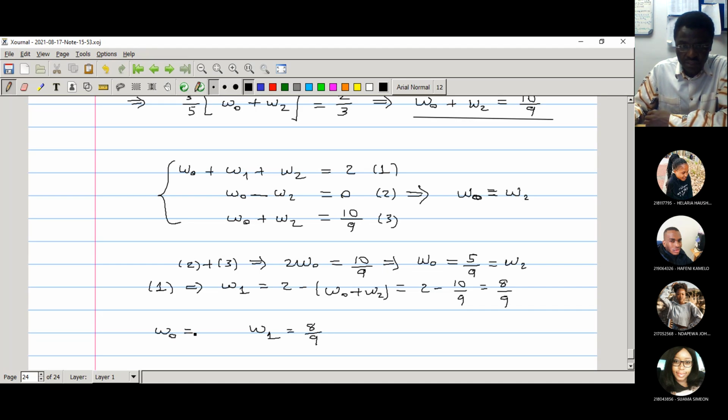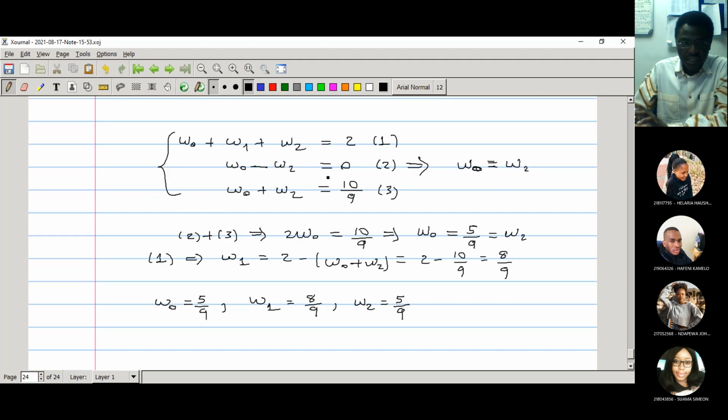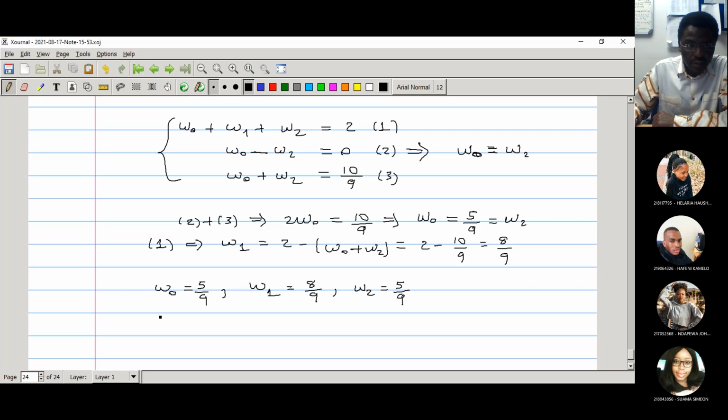W0 here is 5 by 9, W1 is 8 by 9, and W2, 5 by 9. Now, if I add this plus that is 10 by 9, plus 8 is 18 by 9. 18 is the double of 9, so 18 by 9 is 2. So everything is correct.